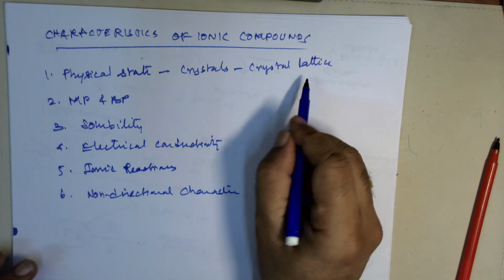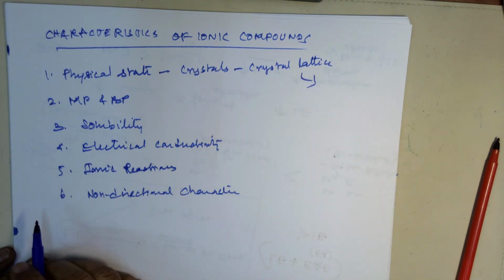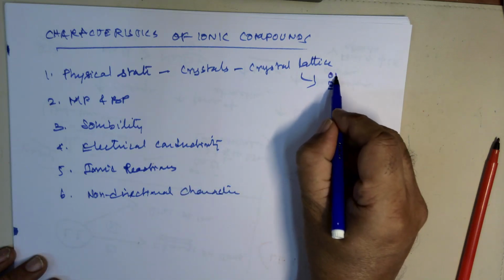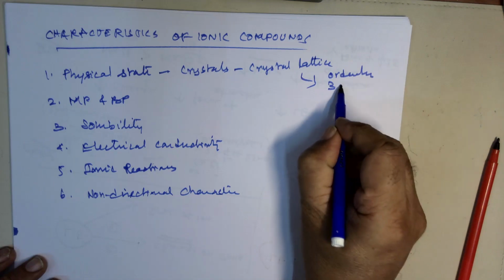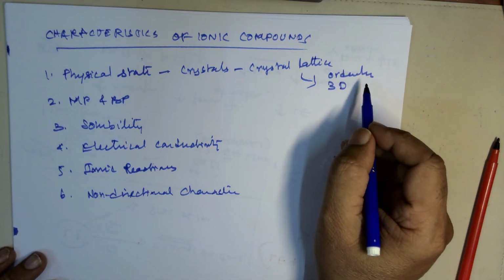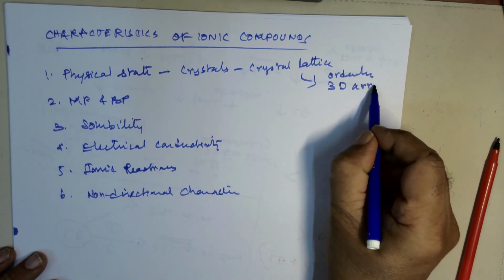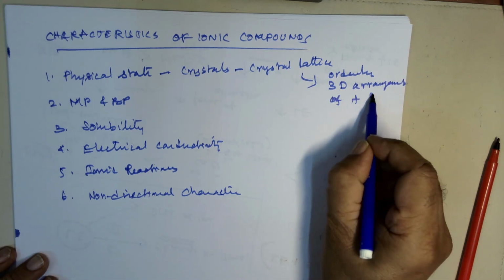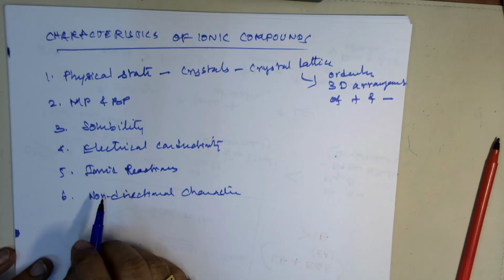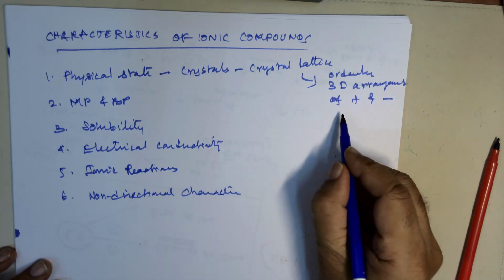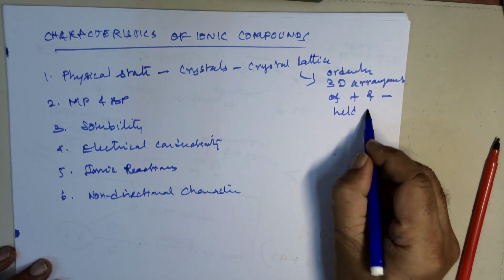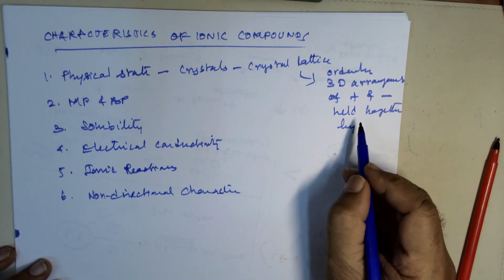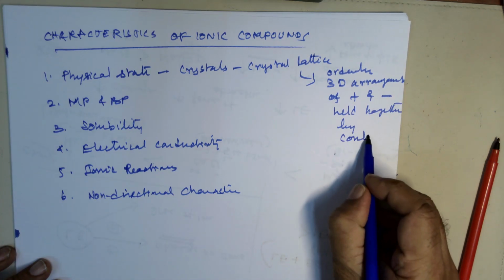Crystal lattice is nothing but an orderly three-dimensional arrangement of cations and anions held together by Coulombic interaction.